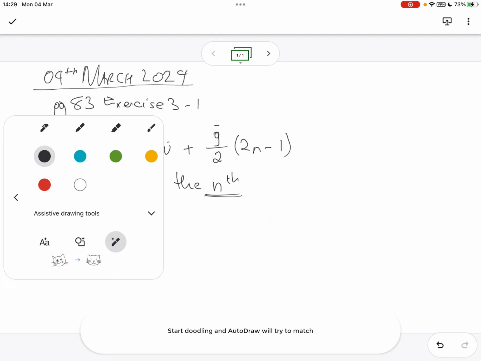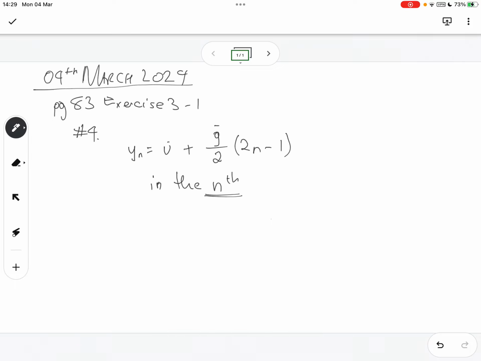Isn't it similar to this though? It is, let me see the other one. Because this is the displacement, right? Yes.